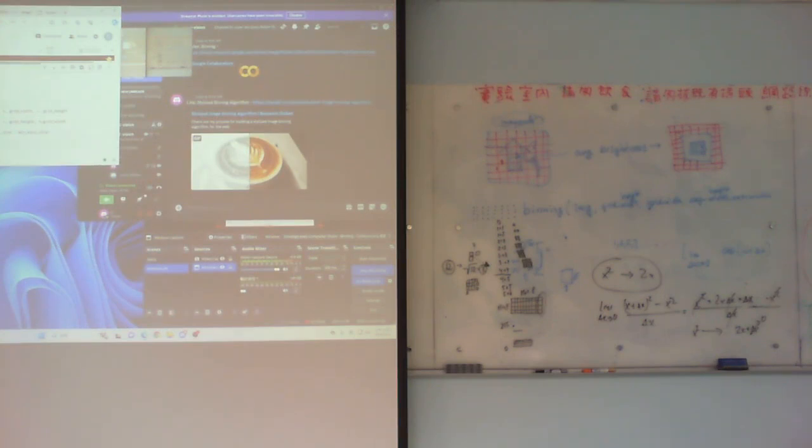So the level min would be equal to the level divided by the min axis size.